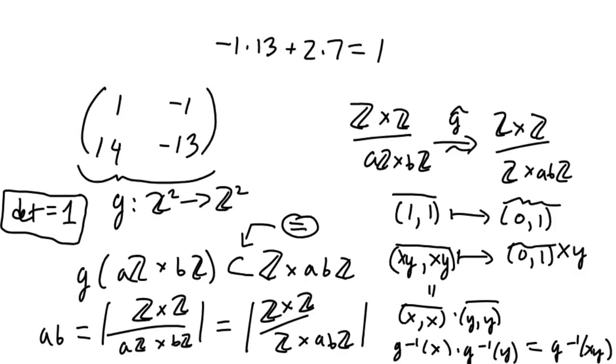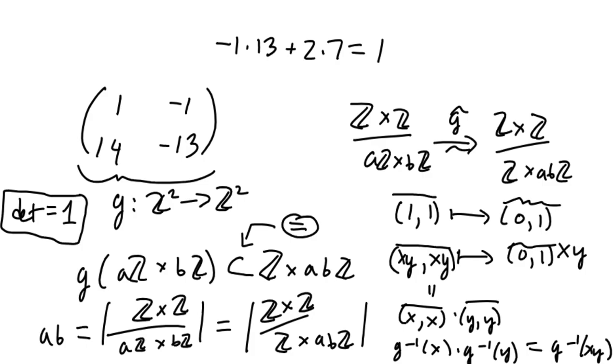Next, we use the fact that this is equal to 1 to make a matrix that has determinant 1. See this negative 13 here, and then a minus negative 14, that's a plus 14 right there. It works. That's the determinant.